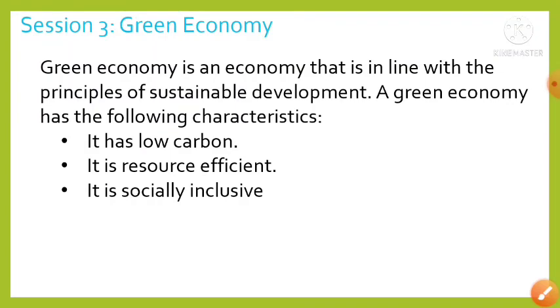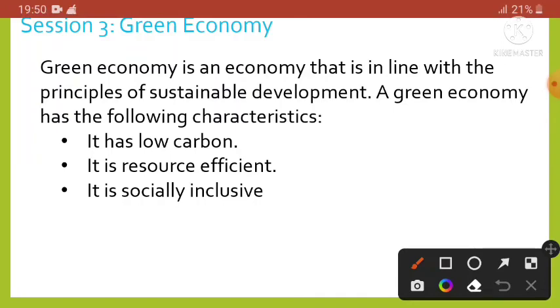Now, next thing is the green economy. A green economy is an economy that is in line with the principles of sustainable development. A green economy has the following characteristics: low carbon, resource efficient and socially inclusive.